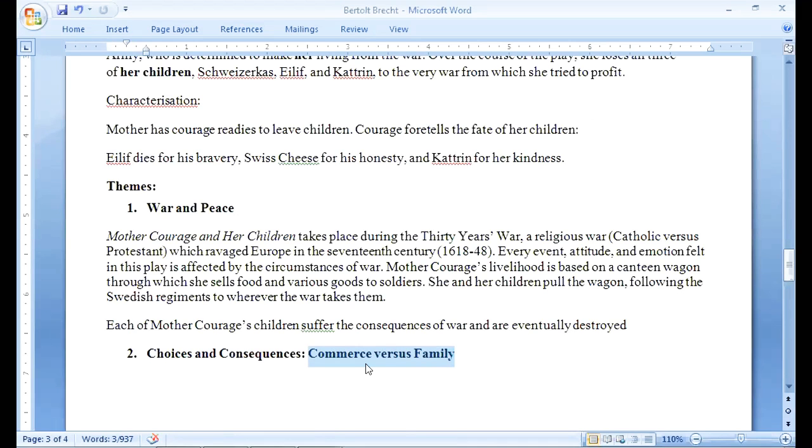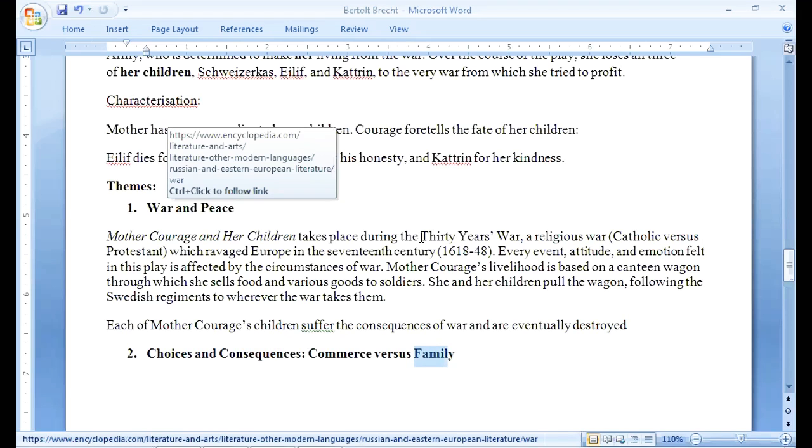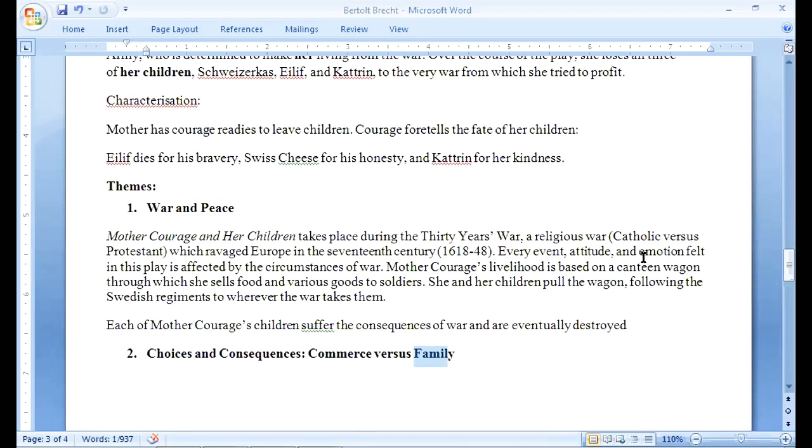For the commerce, she loses her family. So we have to discuss what the business is and what happens to the family. Choice versus consequences. The choice is to go for commerce, and the consequence is to lose the family. Okay, if you go for war and peace, what happens in the war and how the peace comes.